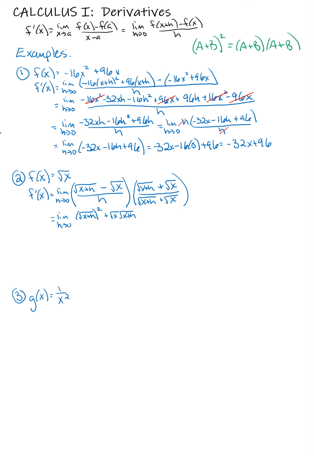The inside two terms, and then multiply those last two terms. Notice one's a negative, one's a positive, so I get some subtraction there. Square root of x times square root of x, square root of x squared. Now in the denominator, I'm going to go ahead and leave this multiplied, factored out. I'm not going to multiply it just yet. If I need to, I'll do that in a bit.